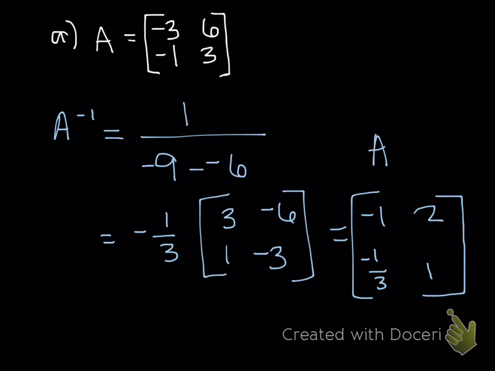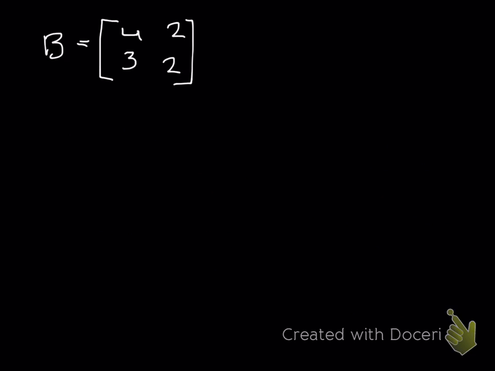So this right here is our inverse matrix. So if I were to multiply the original problem by this one, I would get that whole idea of the identity matrix, 1, 0, 0, 1. So let's try one more example together. So again, to find the inverse of B, I have 1 over 4 times 2, which is 8, minus 6.